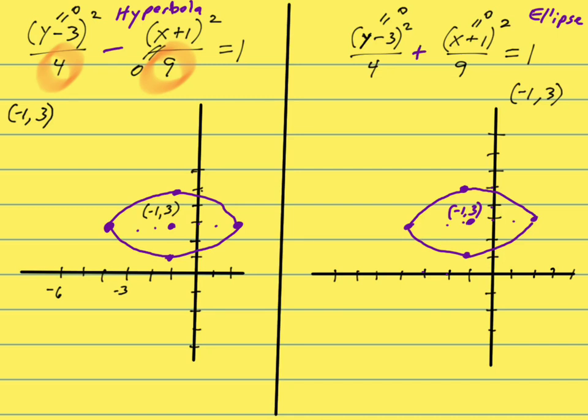I apologize, this one is not an ellipse. So I'll fix it, but we do the same distances. Do you agree I still went 3 to the right and left, 2 up and 2 down? Okay, the ellipse, you just sketch the ellipse. The hyperbola, you have to make a dotted rectangle.